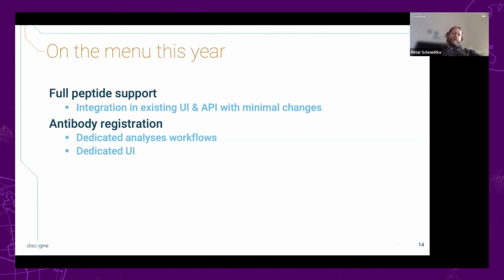Given the feedback we had from the first integrations that we've done, we will go for dedicated analysis workflows and dedicated UIs in order to allow people to, first of all, register antibodies, but also do typical sequence searches, particular motif searches on CDR regions or regions of interest, associate the corresponding structures to them, etc., and also enable some basic superpositioning in the beginning.